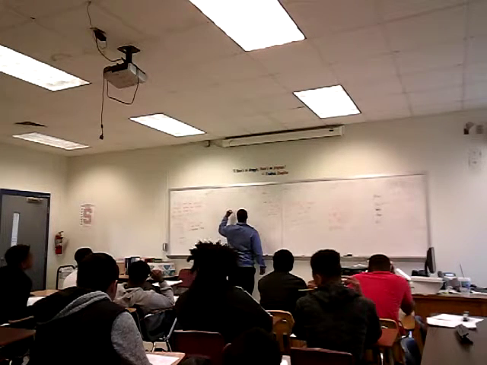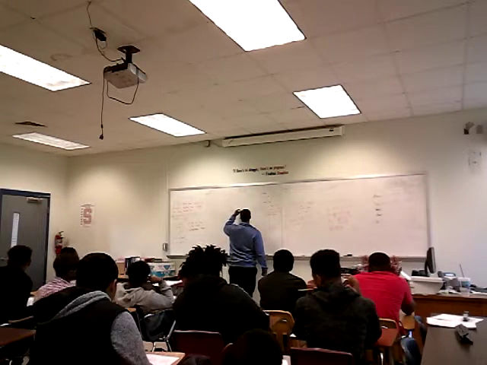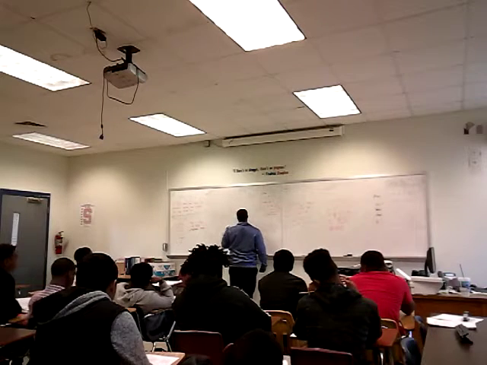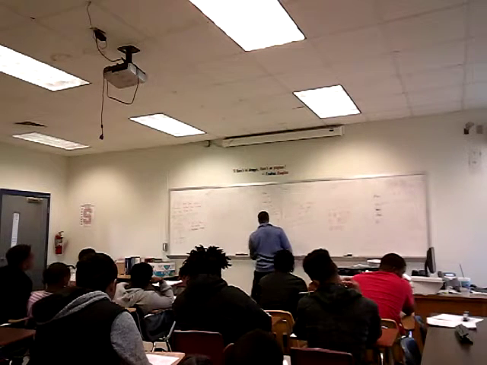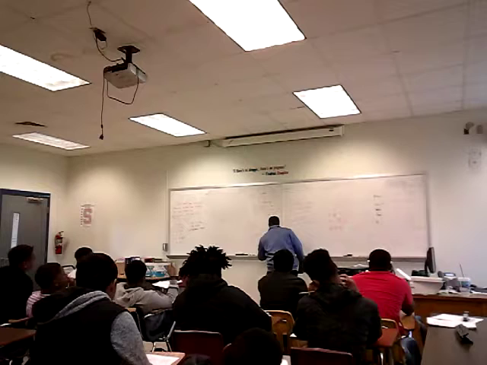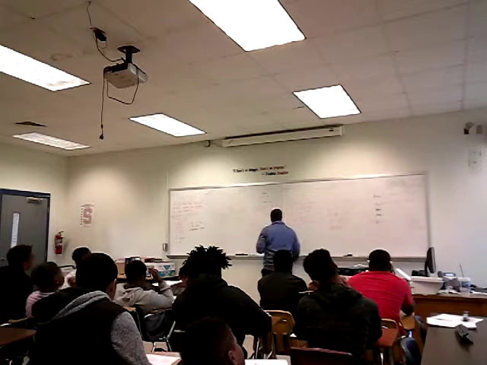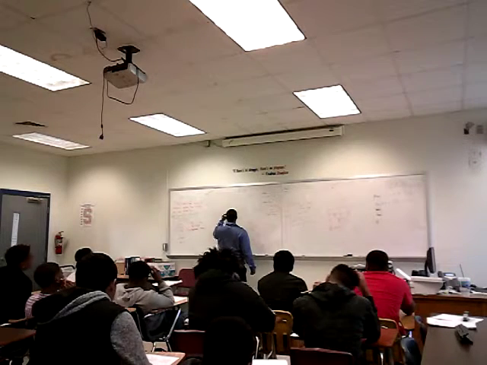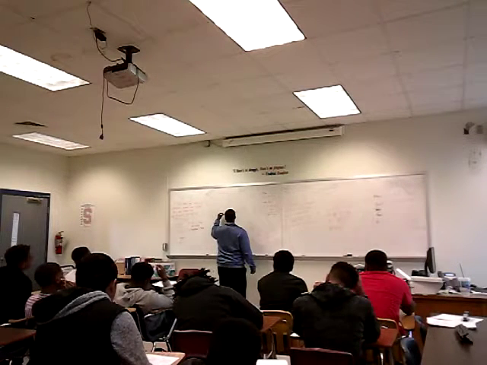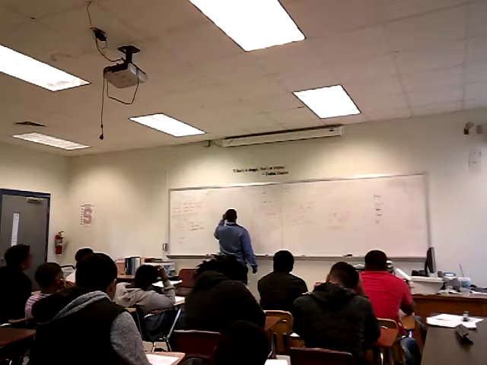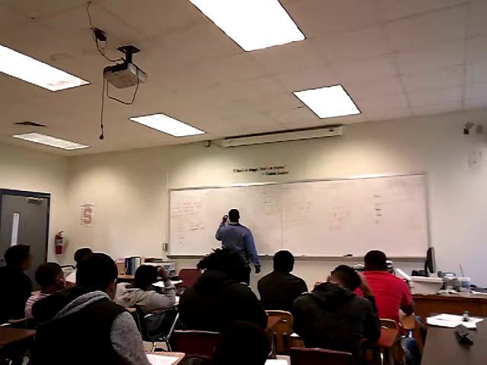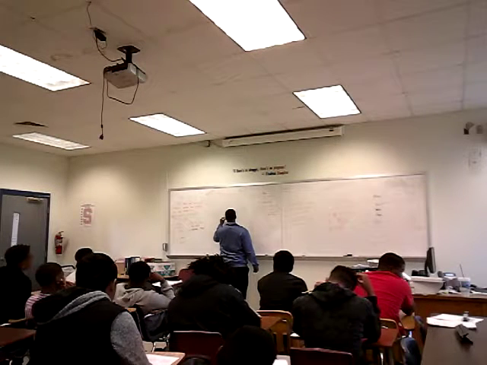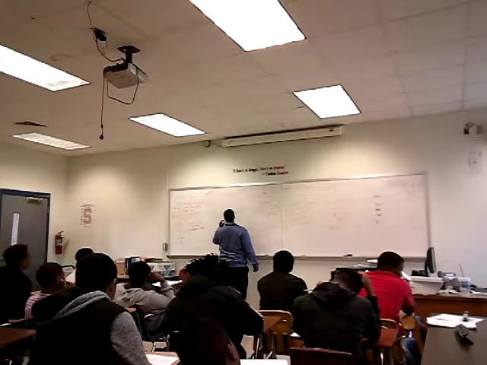So I go up 2, to the right 3. I need my line to cross, so I can do my slope the opposite way: negative 2, negative 3. That means I go down 2, to the left 3, down 2, to the left 3.